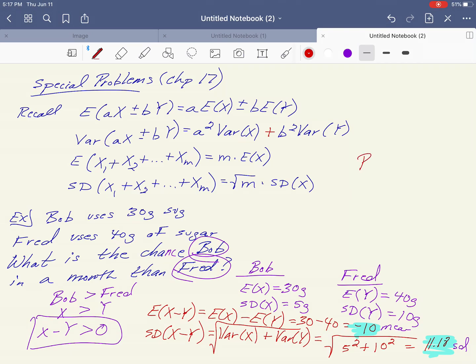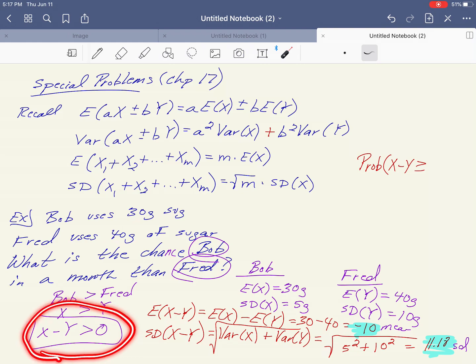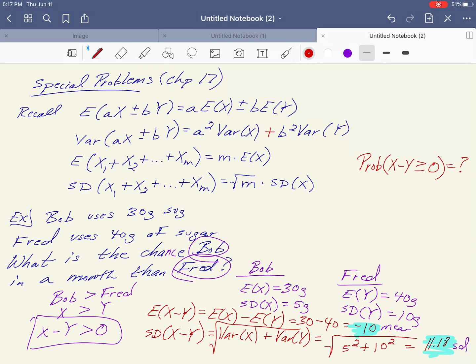In StatCrunch, we're going to be looking for the probability of X subtract Y, that's what we were asked about, being greater than or equal to 0. I'm getting that from over here on the left-hand side, bottom of the screen, X subtract Y greater than 0. That's the combination that we have. So I'm asking myself, what is this probability?